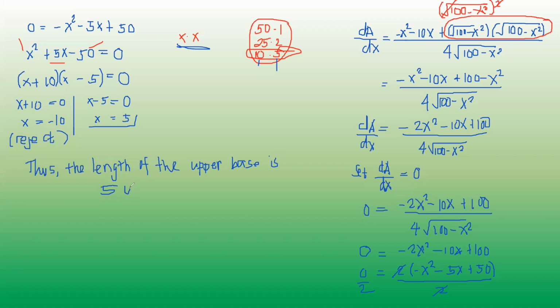Kung walang given na unit of measurement, so siya ay 5 units. So ito ngayon yung ating magiging final answer. Okay, so yung length ng upper base ay 5 units para yung ating trapezoid ay magkakaroon ng kanyang maximum area. Okay, so yan yung ating solution.